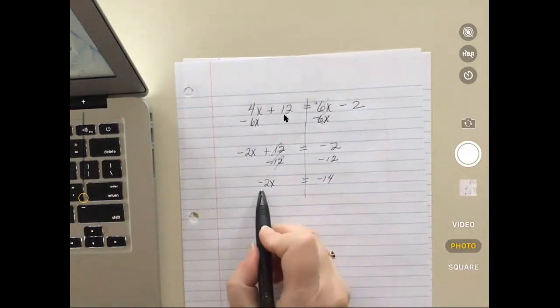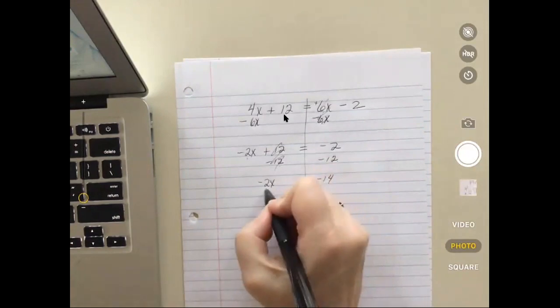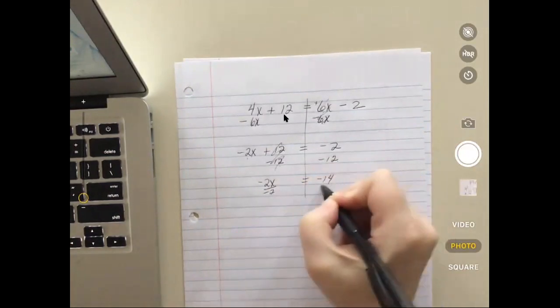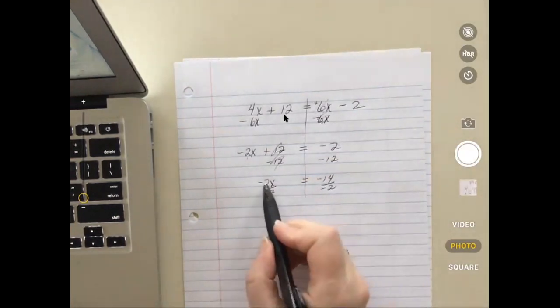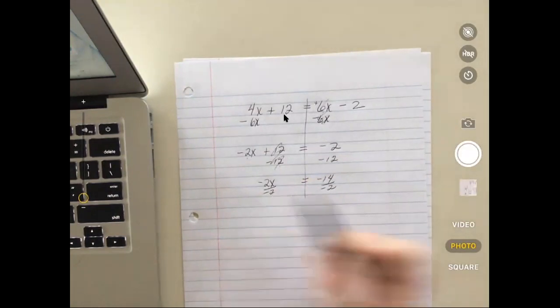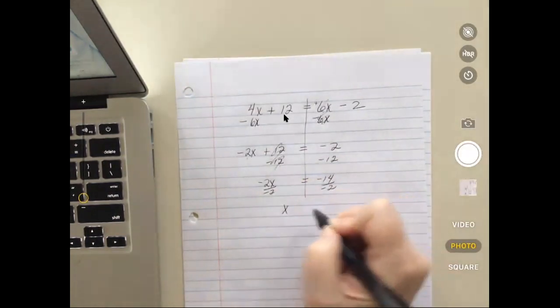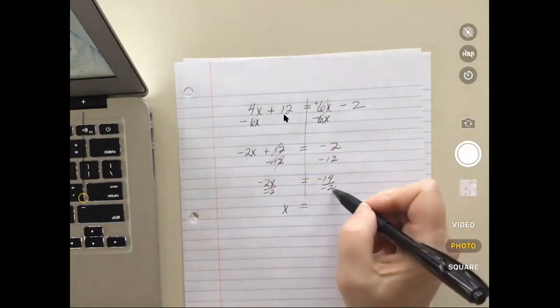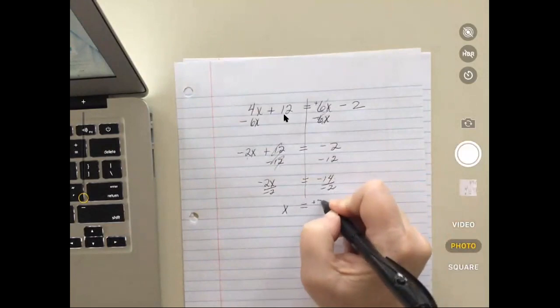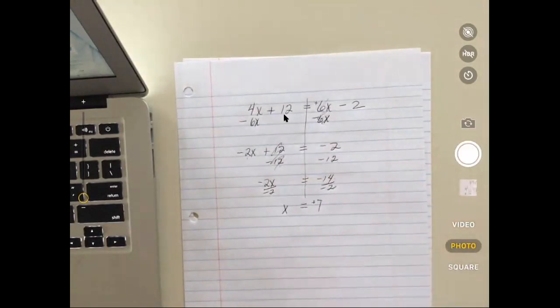The opposite of multiply by -2 is divide by -2. When you divide, you keep the same sign, because -2 divided by -2 makes +1. That's good. 1x equals 14 divided by 2 is 7. And 2 negatives make it +7. You don't have to show the sign there.